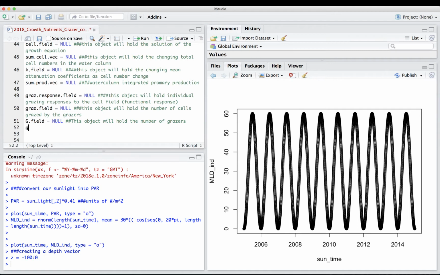And then we need the graze.mu.field. This object will hold the growth rate of grazers. So that's going to be the numerical response.